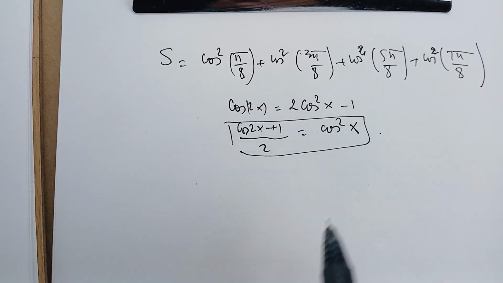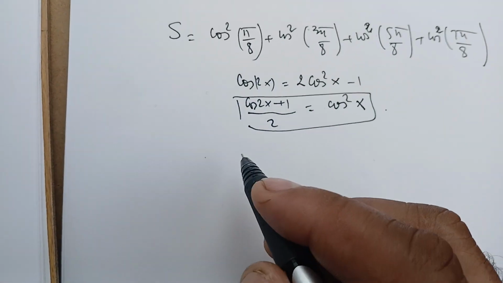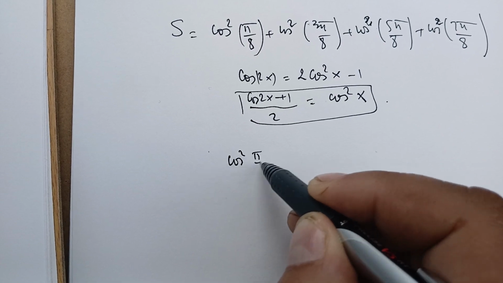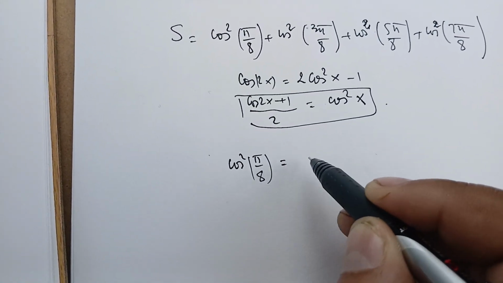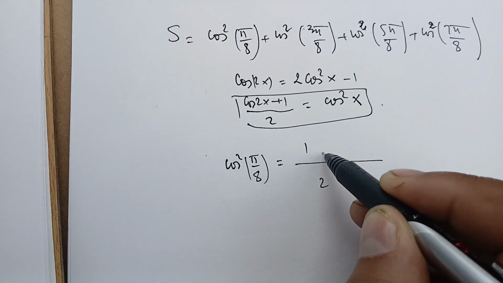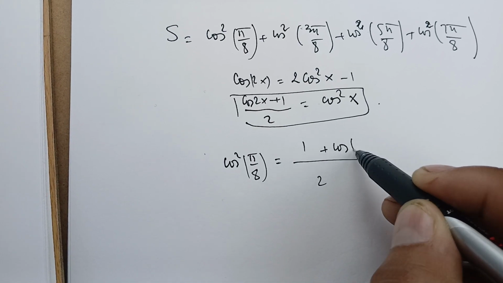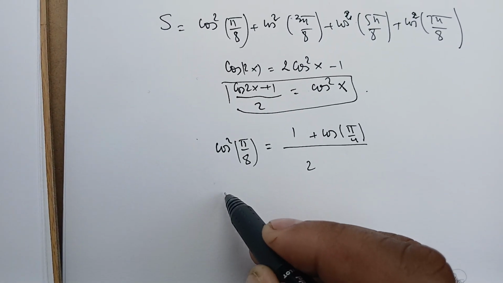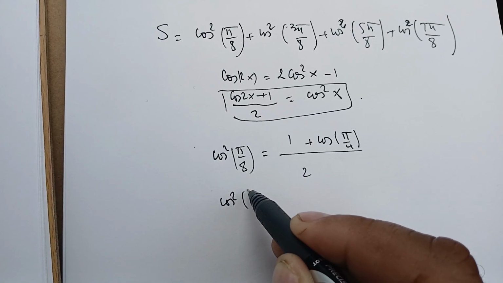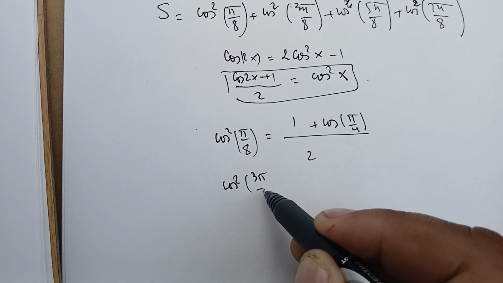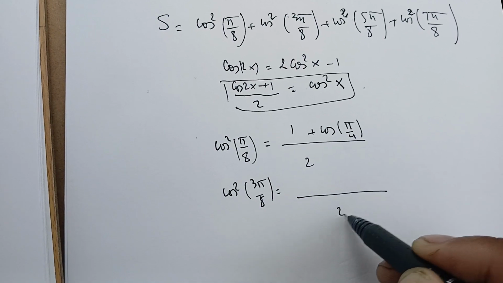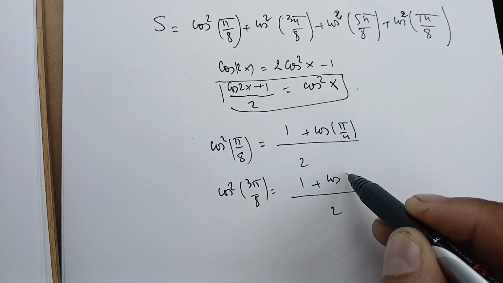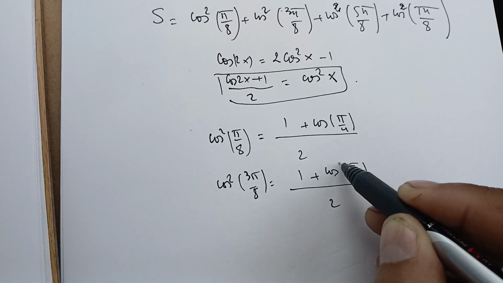Okay, let's solve it. So using this formula, the cosine squared of pi over 8 is equal to 1 plus cosine of pi over 4 over 2. And the cosine squared of 3 pi over 8 is equal to 1 plus cosine 3 pi over 4 over 2.